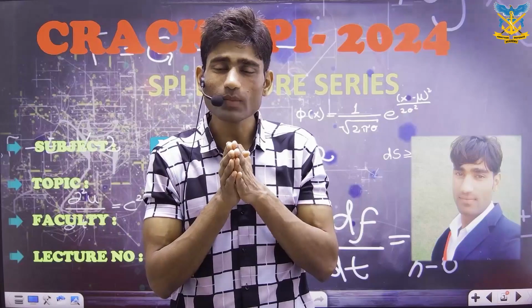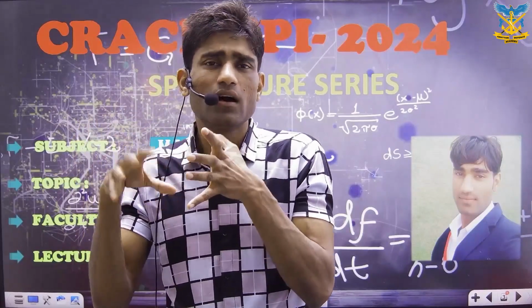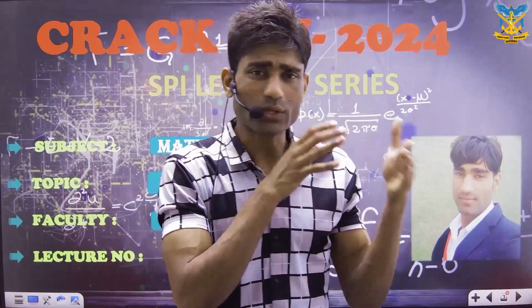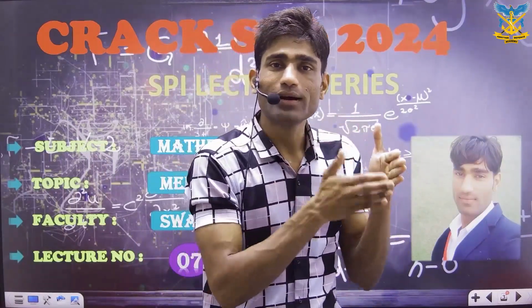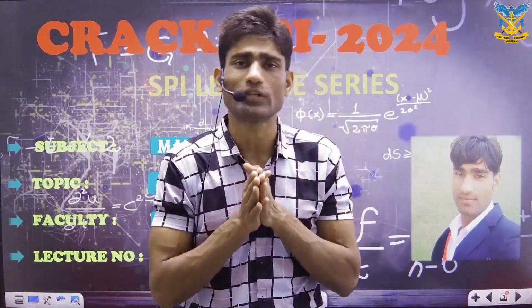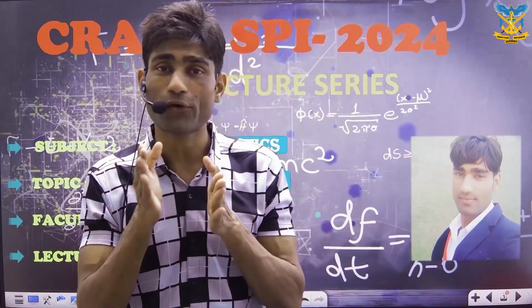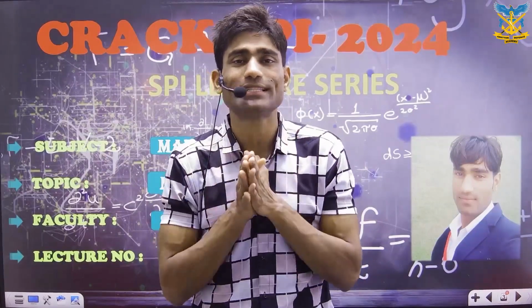We have to understand what the circumference is, what the area is for the plane figure, and for the solid figure we have to understand only volume, surface area, lateral surface area, curved surface area, total surface area. So only these topics are very important for your SPI exam. A total of 15 questions are based on these topics only.